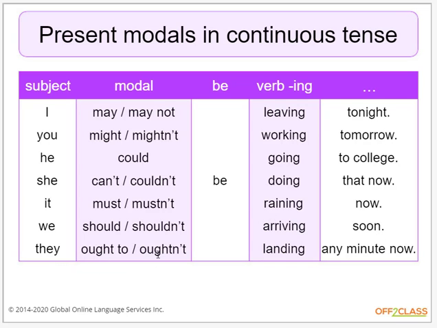They ought to, oughtn't, or ought not be landing any minute now. So remember the contractions that we talked about in an earlier demo lesson: when we use ought not or should not or must not, we can put them together to make oughtn't, shouldn't, mustn't, couldn't.